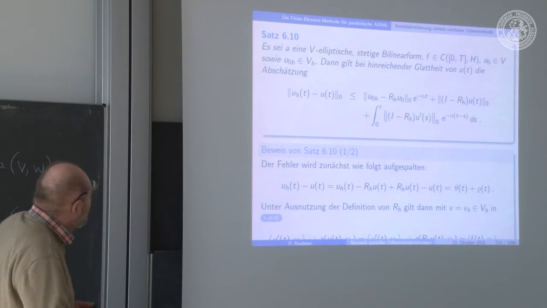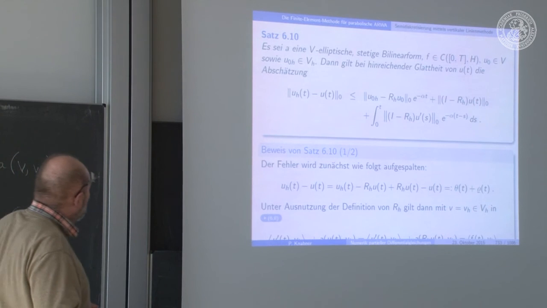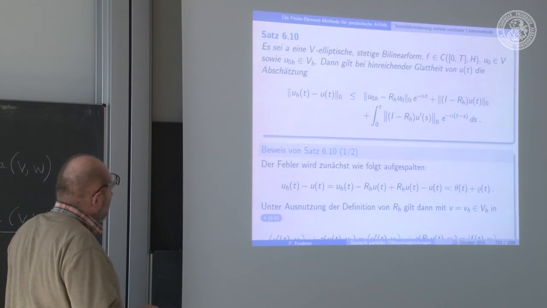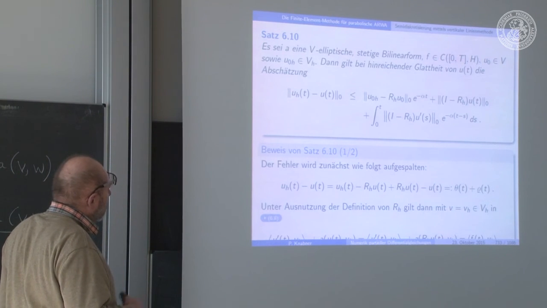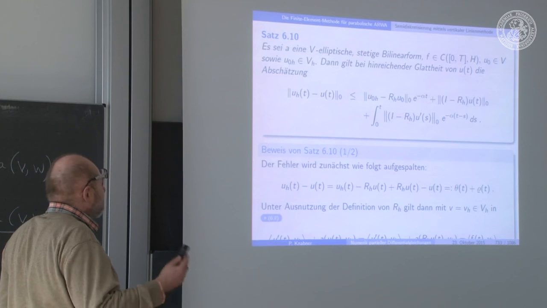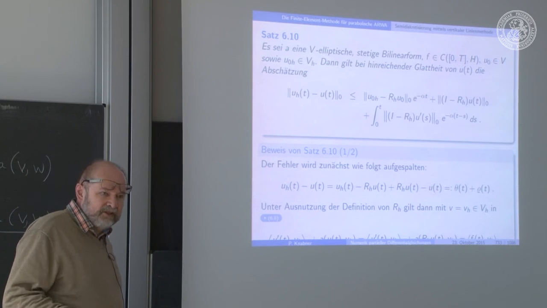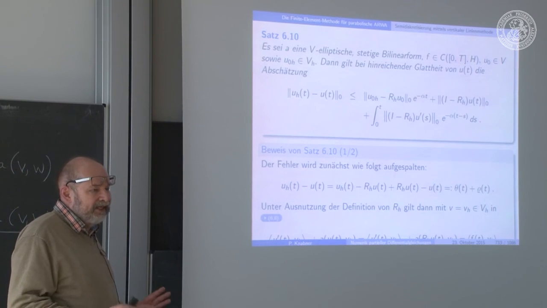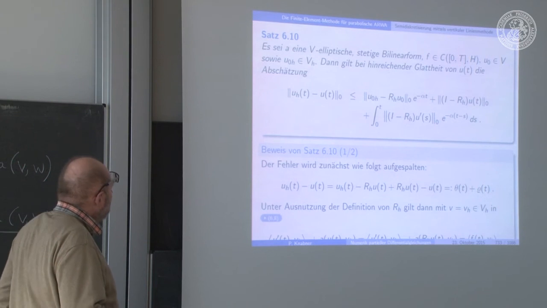And this is the statement which we can prove. And that's a very nice proof because it's very similar to what we did up till now, but it's much easier to do. It's much more general. The norms are a little bit different. So what is the statement?